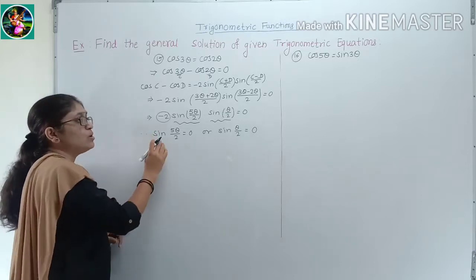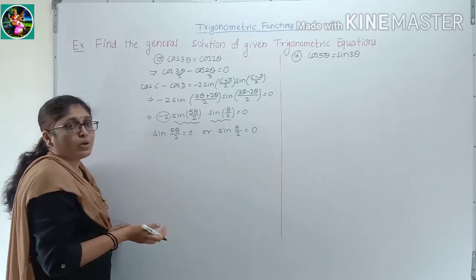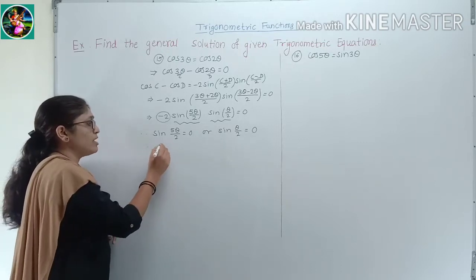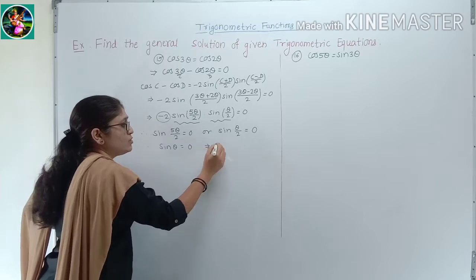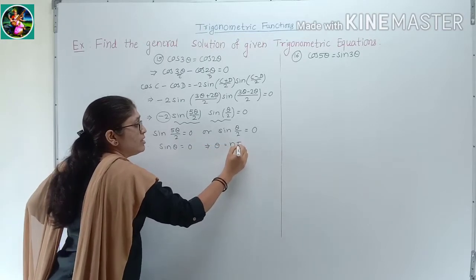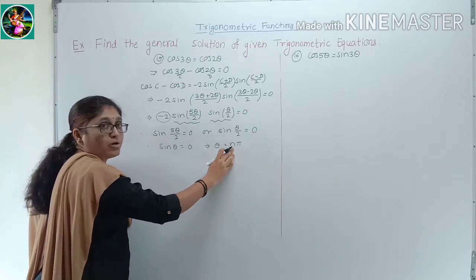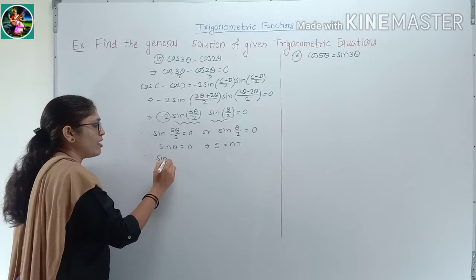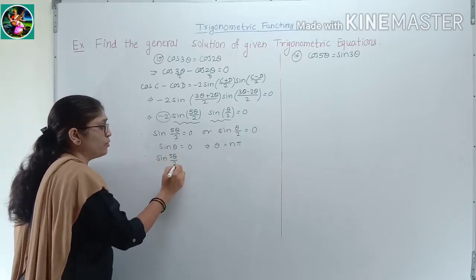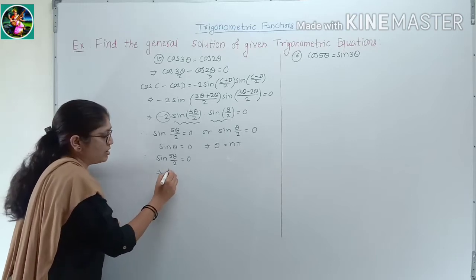And we know the solution for sine theta is equal to 0 is theta is equal to n pi. Therefore, sine theta is equal to 0 gives the solution theta is equal to n pi for all n belongs to Z.